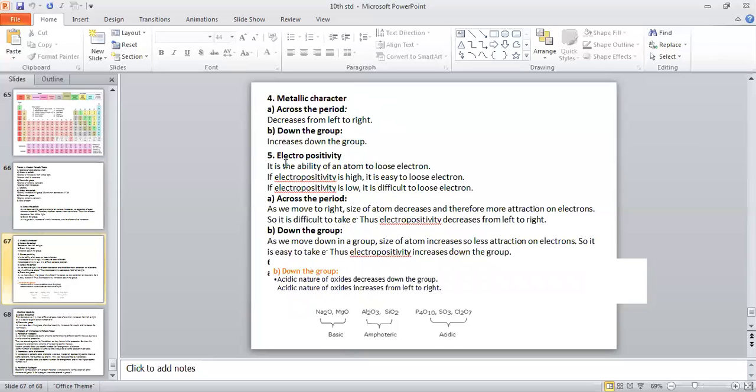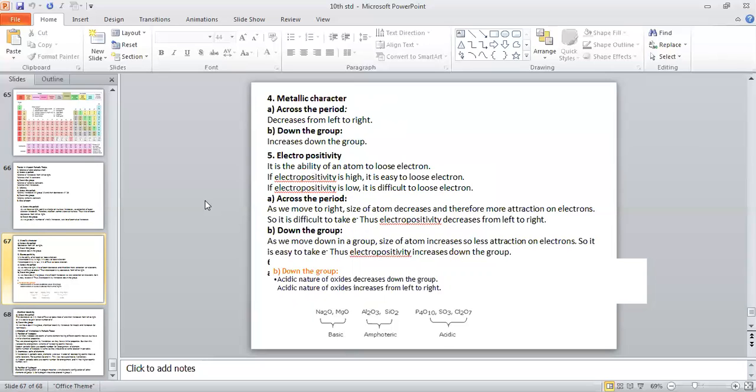Then electronegativity. The ability of an atom to lose an electron is called electropositivity. If electropositivity is high, it is easy to lose an electron, and if electropositivity is low, it is difficult to lose an electron.